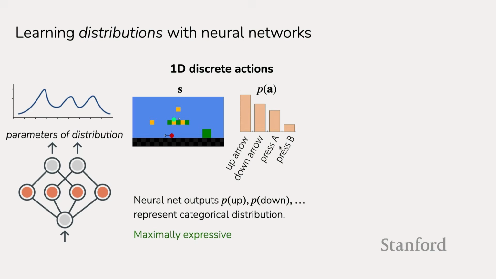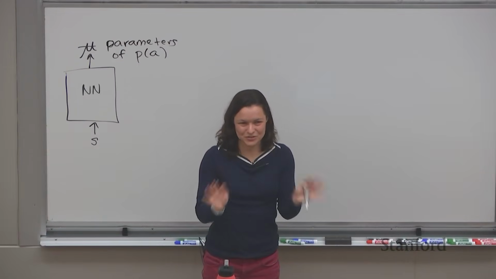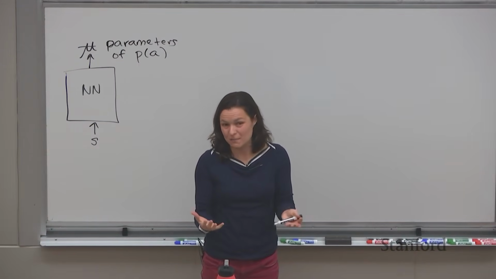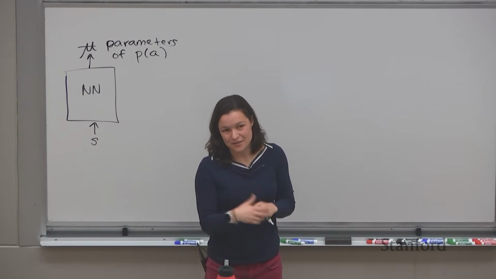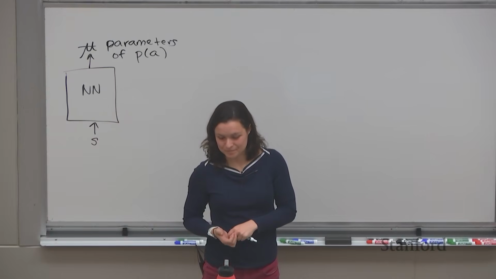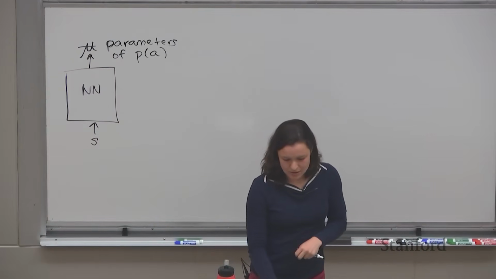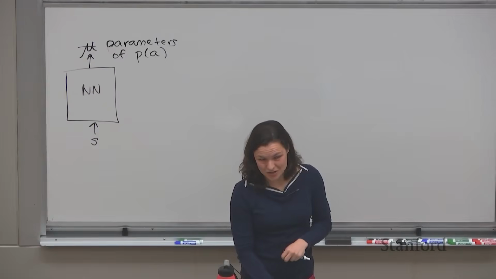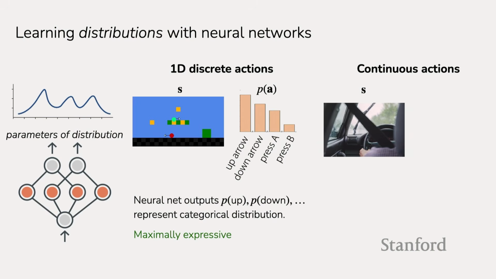Unfortunately, a lot of the world is not just one-dimensional discrete action choices. We often have much more complex actions. And that's why we need to think about how to model distributions over those actions. So if we move towards continuous actions, like in a driving scenario where you have steering commands, for example, the most natural thing to do is to use a Gaussian distribution. We talked about outputting just the mean of a Gaussian distribution, which corresponds to minimizing the squared error.